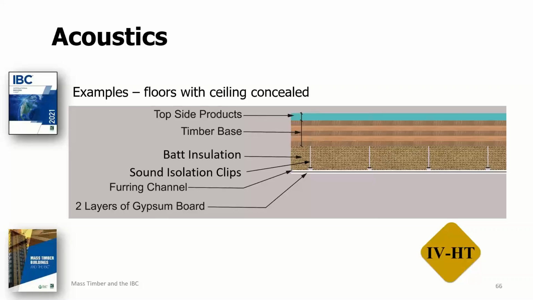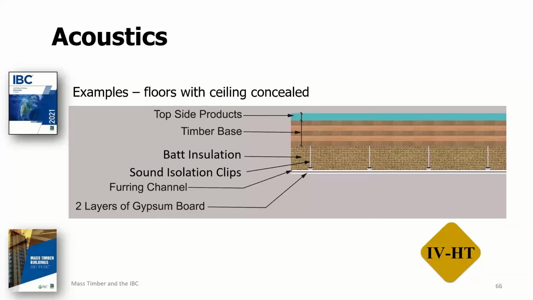Higher sound transmission ratings may be more easily achieved where there is no requirement for the mass timber ceiling to be exposed. For example, the installation of gypsum board on the ceiling can greatly improve STC and IIC values, especially when it's hung from resilient channels or resilient clip systems like shown here in this diagram.